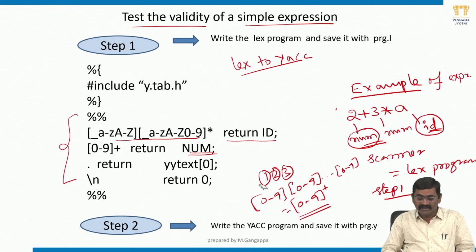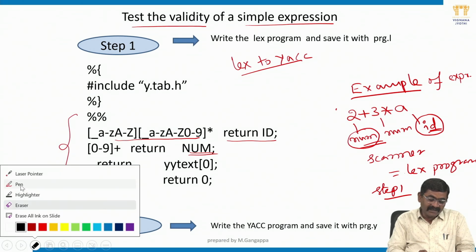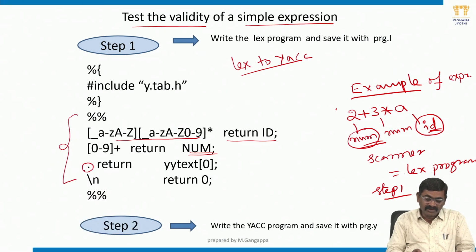After that, dot is a symbol used in the regular expression to indicate, this is a very important one, any single character.